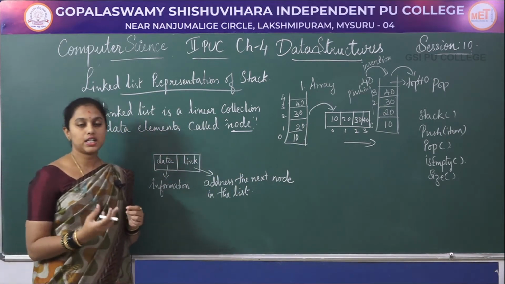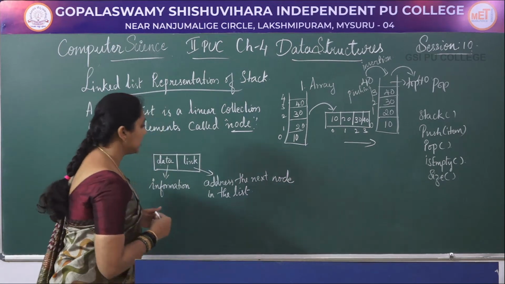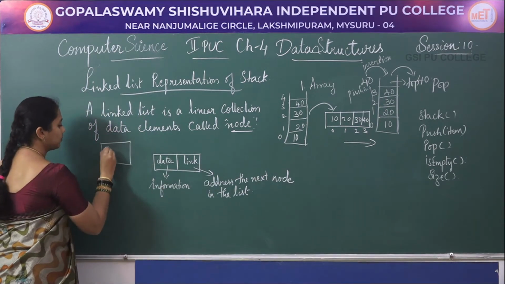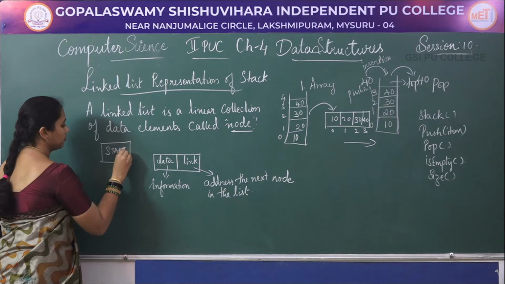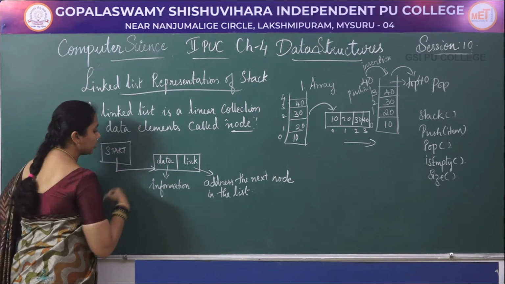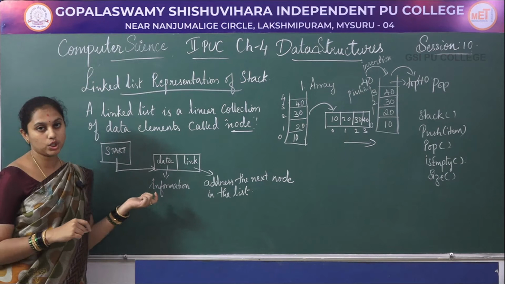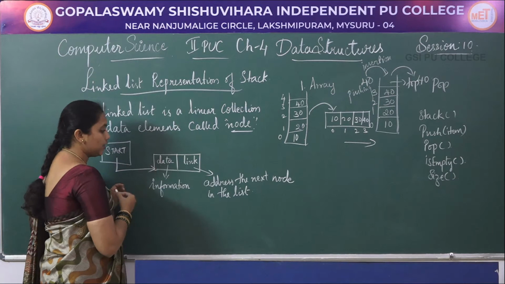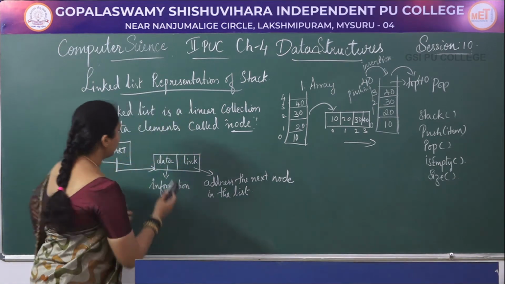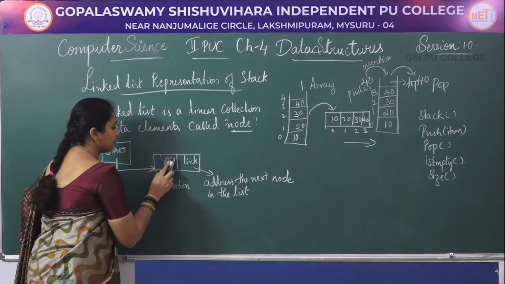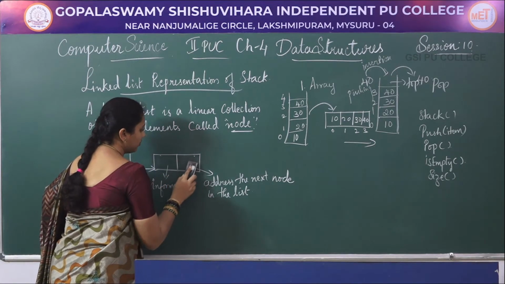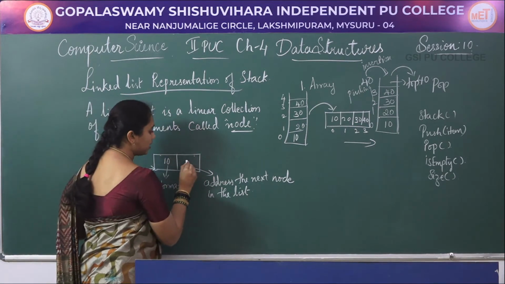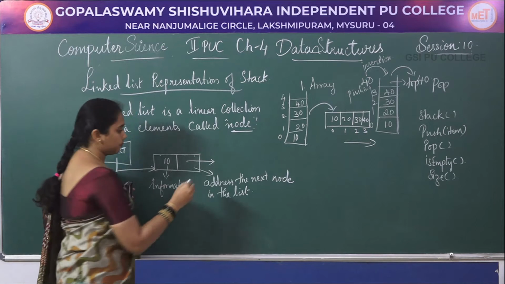So how to create a linked list? In the linked list, it contains a pointer start which gives the location of the first node. The first node contains the information of the data, for example 10, and it contains the address of the next node.